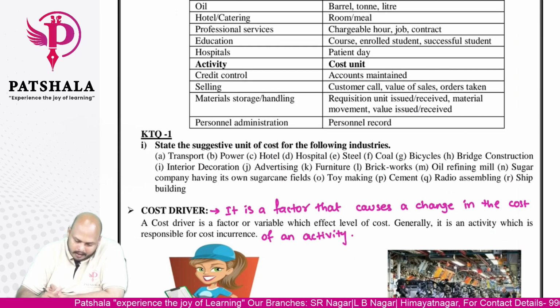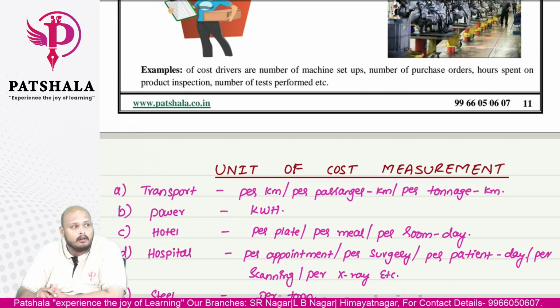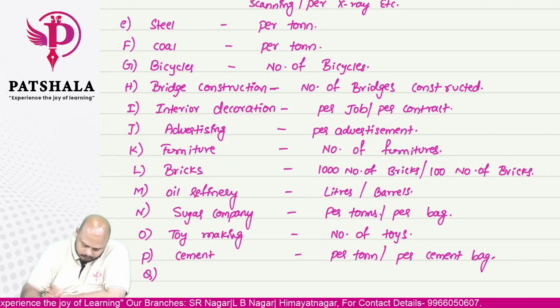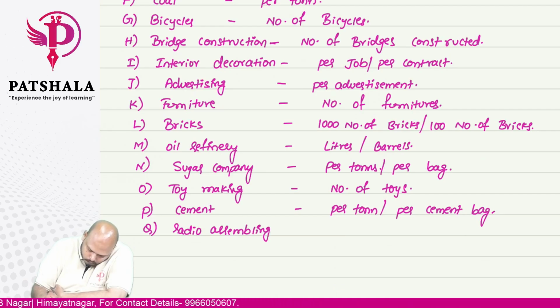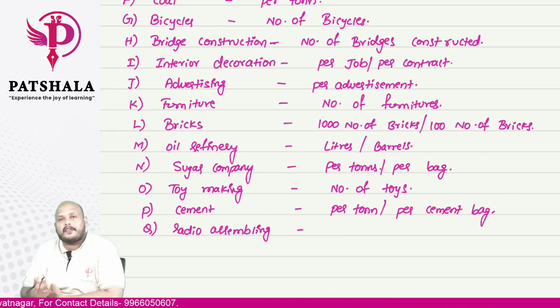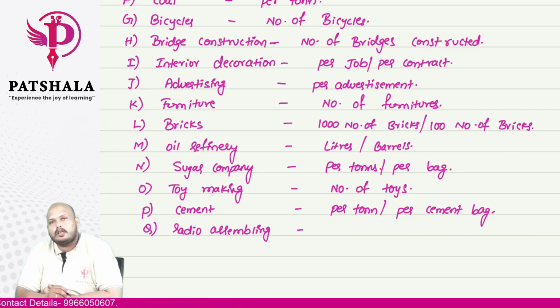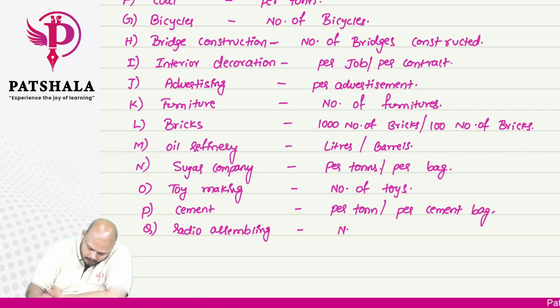Next, radio assembling. In the case of the radio assembling industry, the unit of cost measurement which we will use here is number of radios.